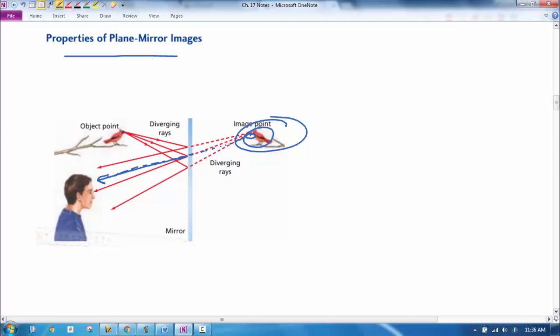So our brain can't tell the difference between a real bird sitting over here and a bird in a mirror. If it's a huge smooth mirror that we don't know is there, it looks like the bird's right here, at this distance away from this mirror.